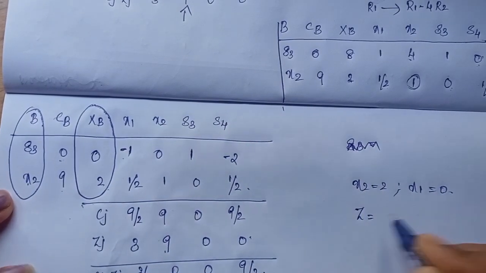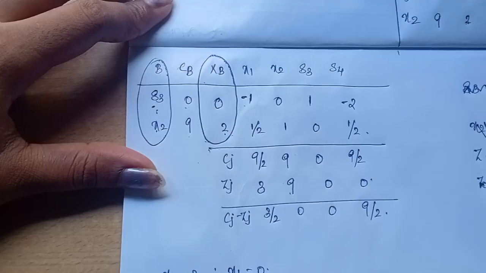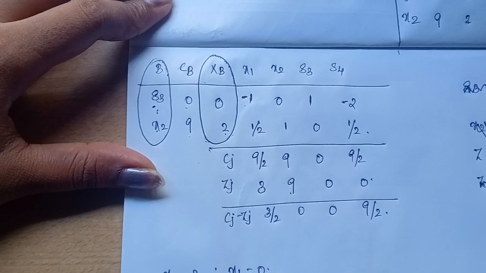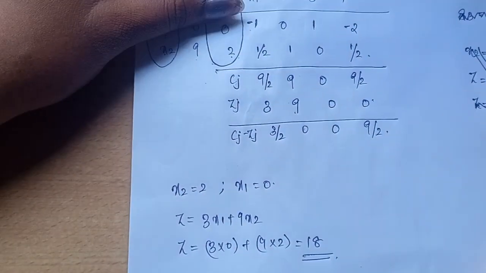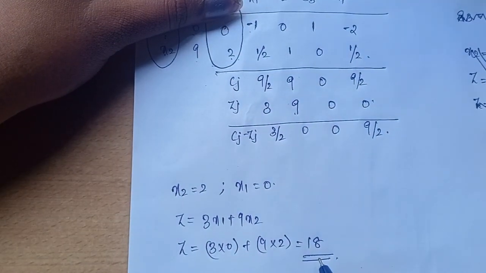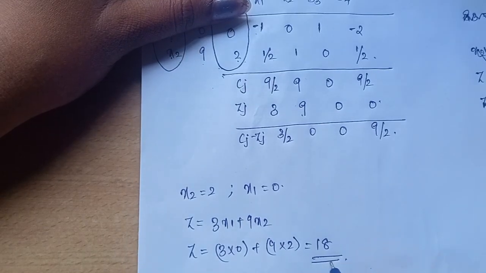And the objective function is what? Z equal to 3x1 plus 9x2. Substitute these values in Z, we get 3 into 0 plus 9 into 2, that is 18. Therefore 18 is the maximum value of this objective function, or 18 is the solution of this LPP question.